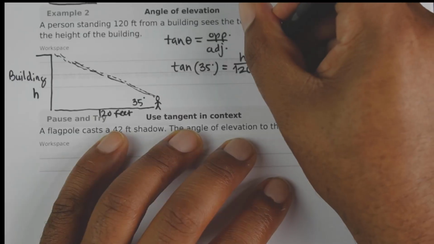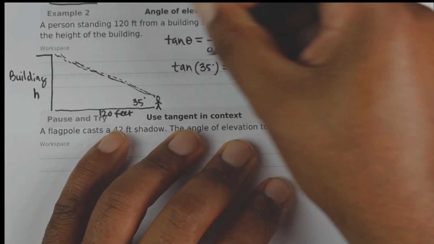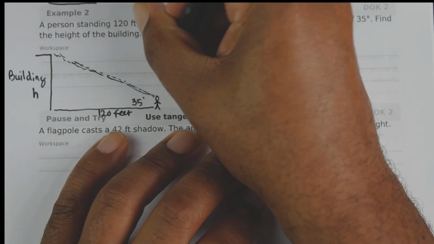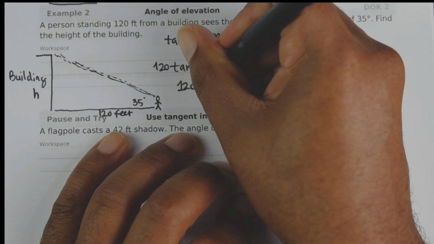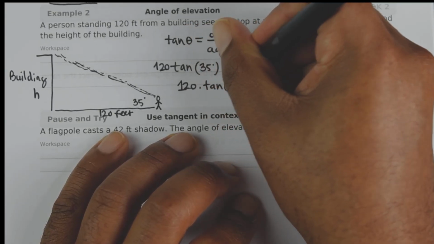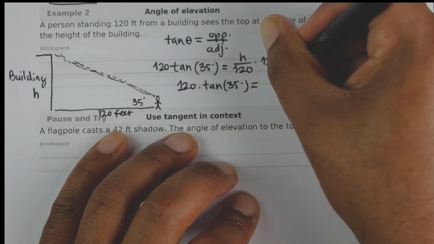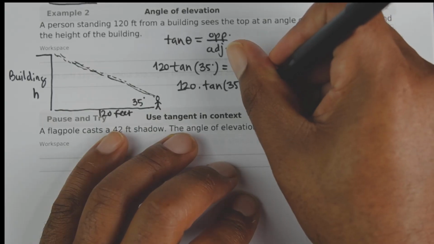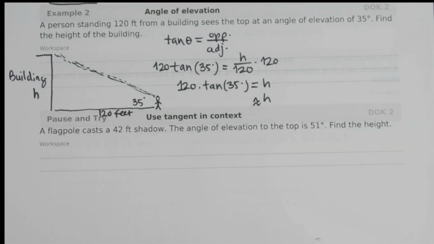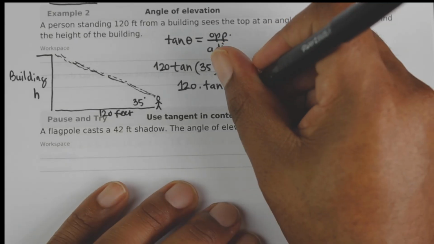Okay. Multiplying both sides by 120. So that's 120 times tan of 35 degrees. That will give us H. H is approximately, let's see, 84.